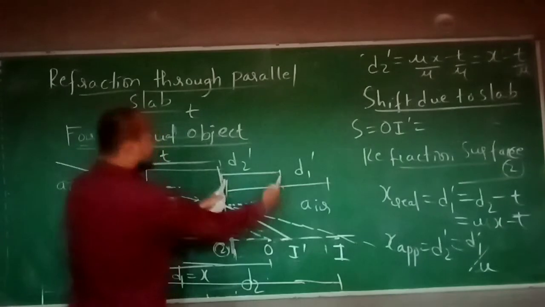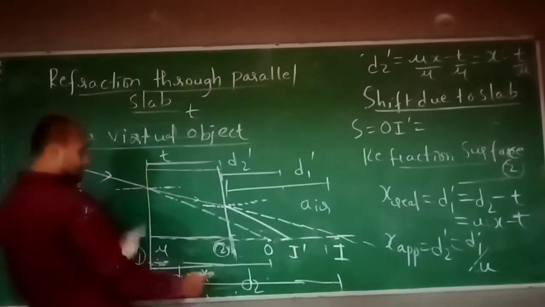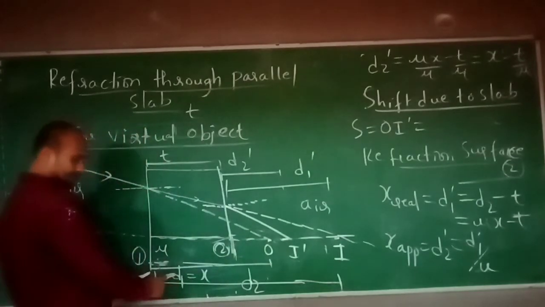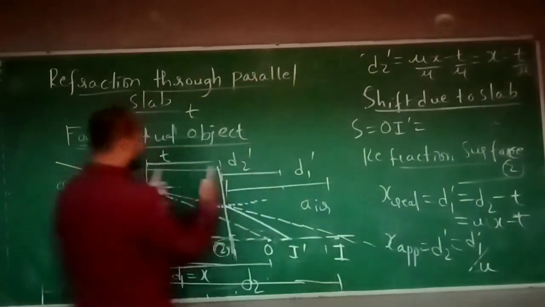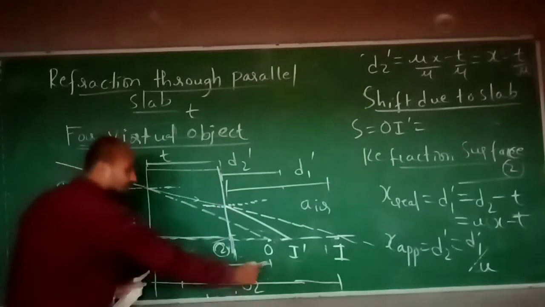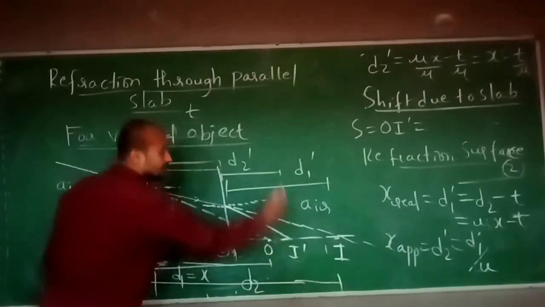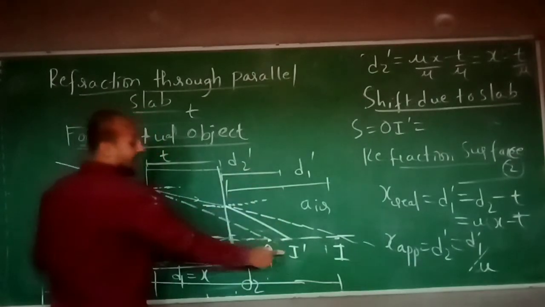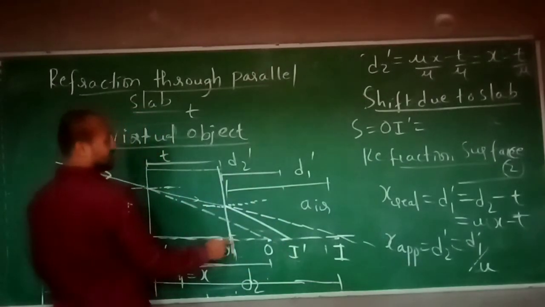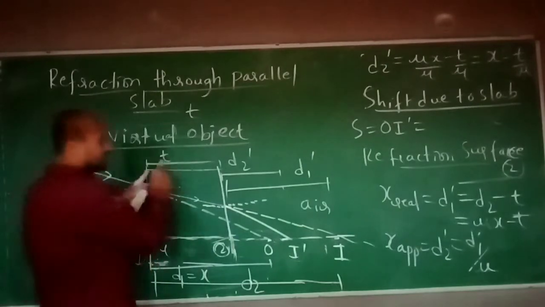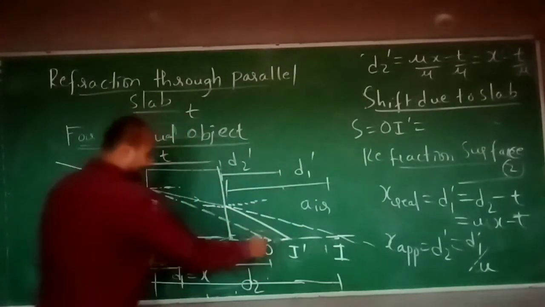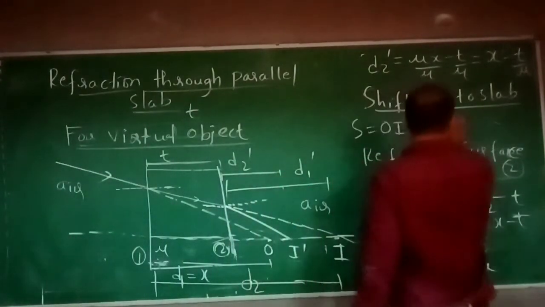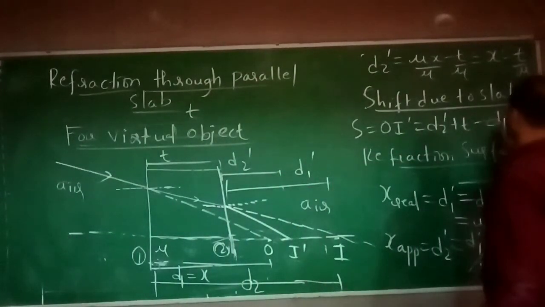See here, D2 dash plus T minus D1. Correct now? D2 dash plus T minus D1 will give you this distance. D2 dash is the distance from I dash to the second surface. This is the T. So T plus D2 dash minus D1. Correct now? So D2 dash plus T minus D1.